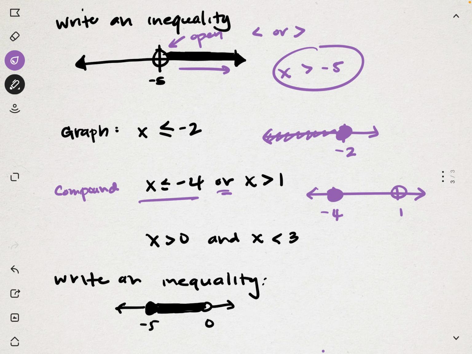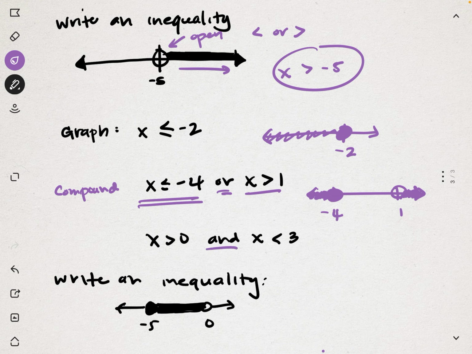The other one, x is greater than 1, doesn't include the point. So for x less than -4, from -4 the less than side is to the left. We shade that side. And then on the other side, x is greater than 1. The greater than side of 1 is the right, so we shade the right hand side.